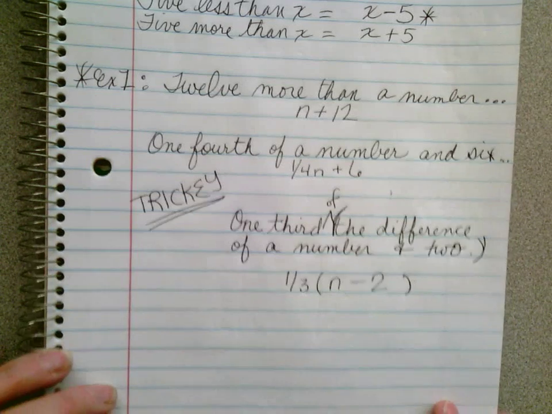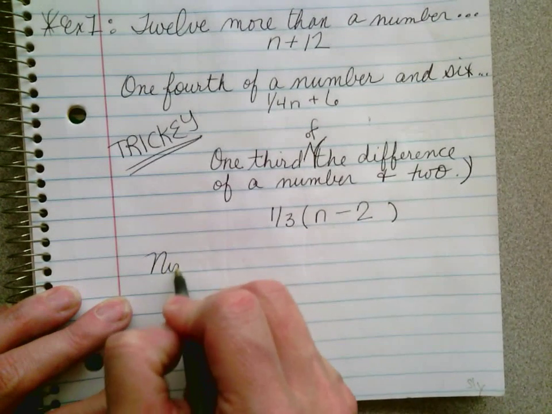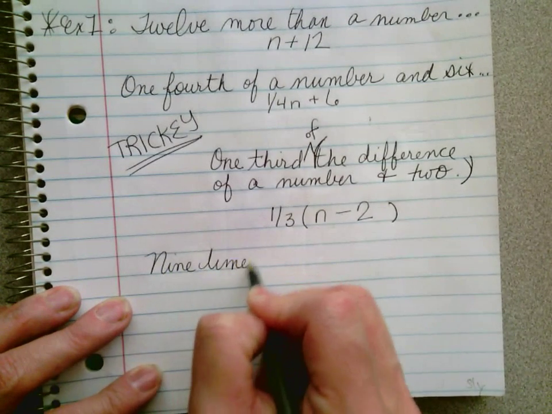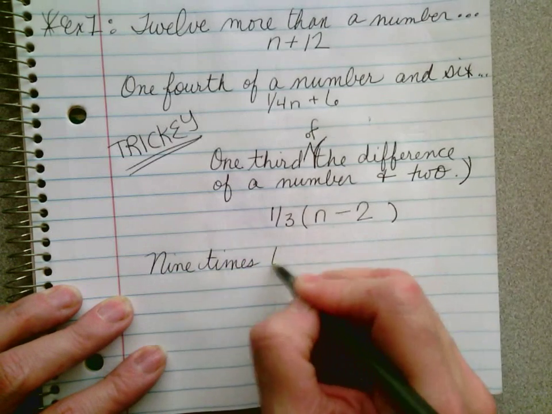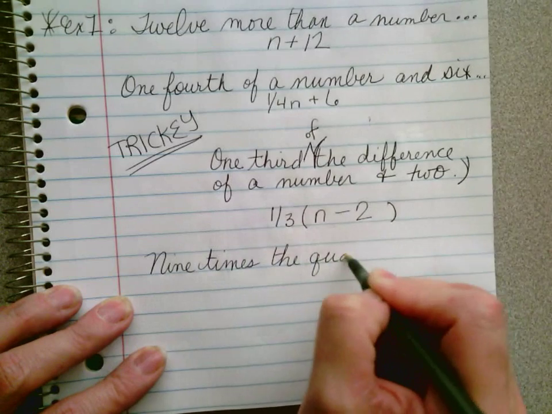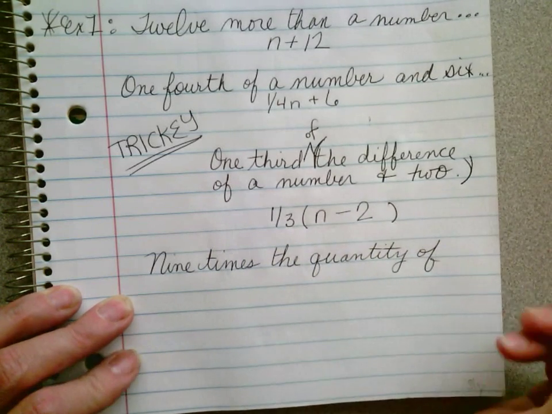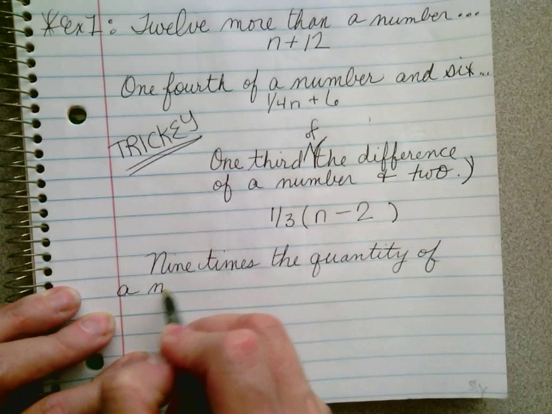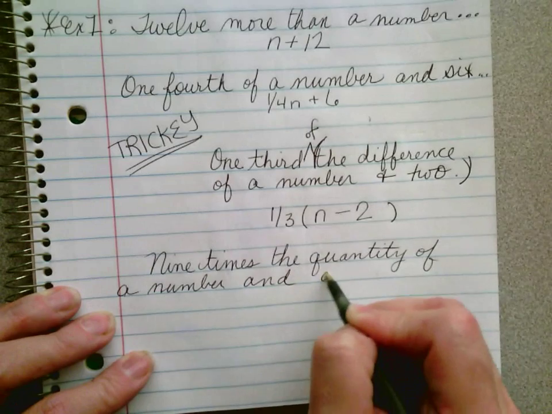Tell you what, I'll give you one more of those tricky ones. Maybe you get it, maybe you don't, but I'm going to give you one more. 9 times the quantity of a number and 1.